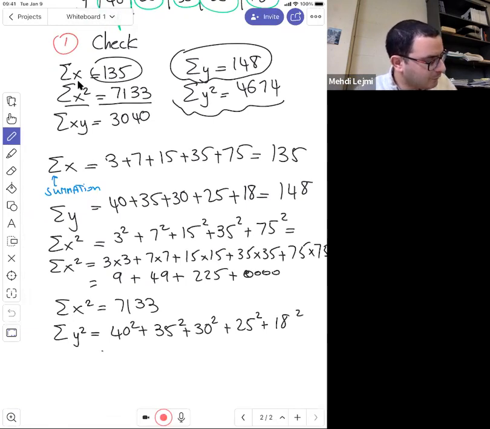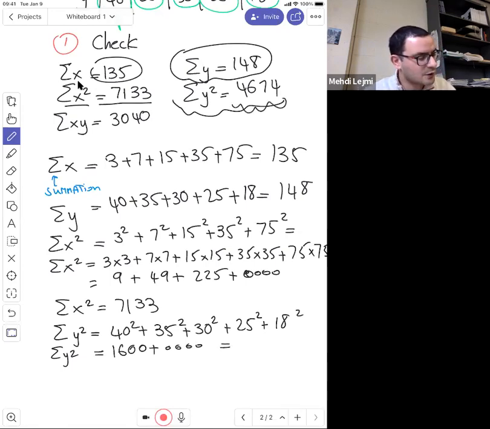And again, 40 squared is 40 times 40, that's 1600, etc. Once you square each number by multiplying it by itself and then take the sum, the answer should be 4,674.